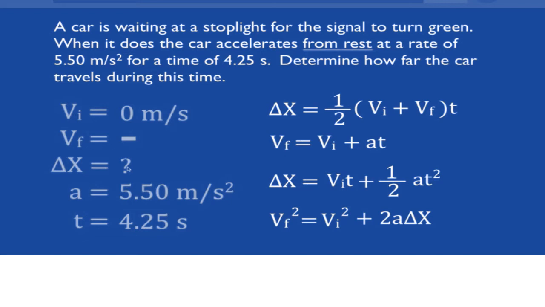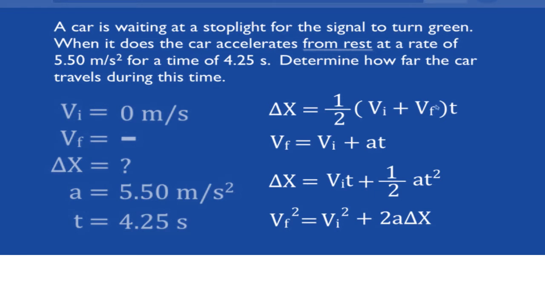Now this is how we figure that out. We want to solve for the change in position, therefore the equation has to have the change in position in it. So let's look and see, does the first equation have the change in position? It does, so maybe I can use this equation.